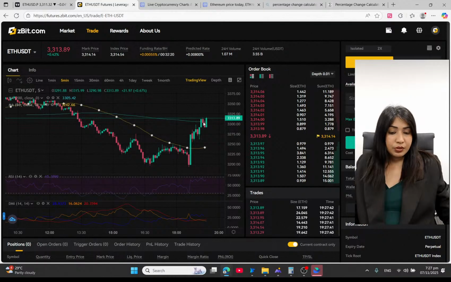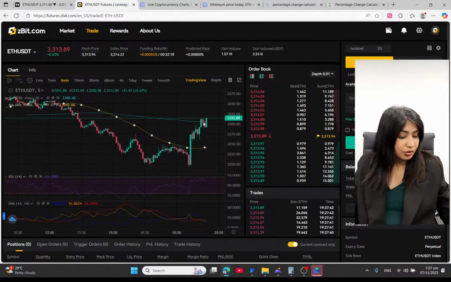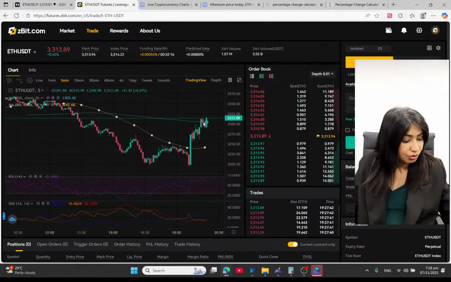I'm waiting for the price to reverse from this direction, then I'll be taking a short trade here.